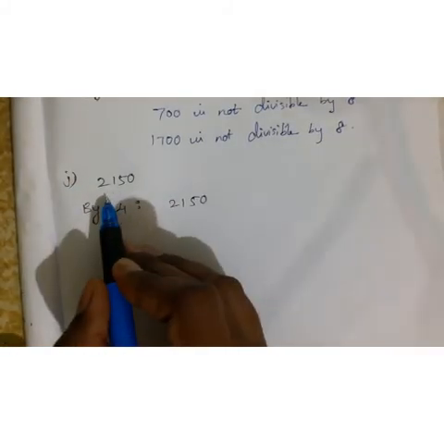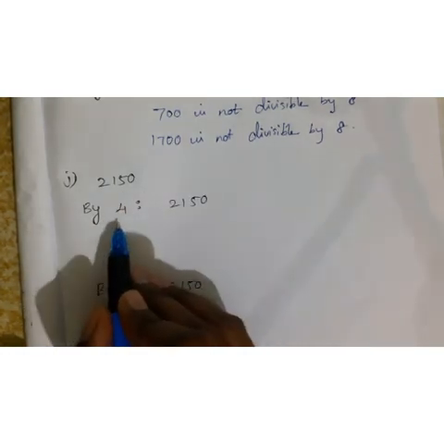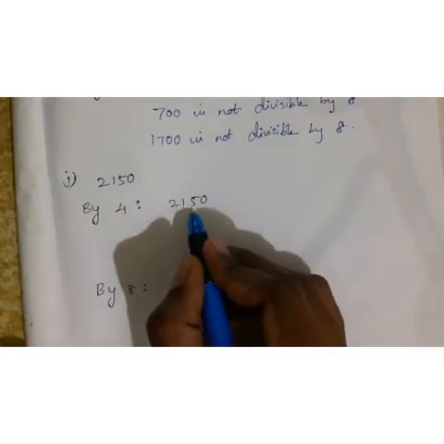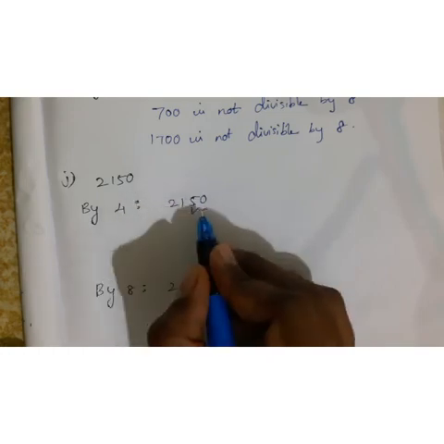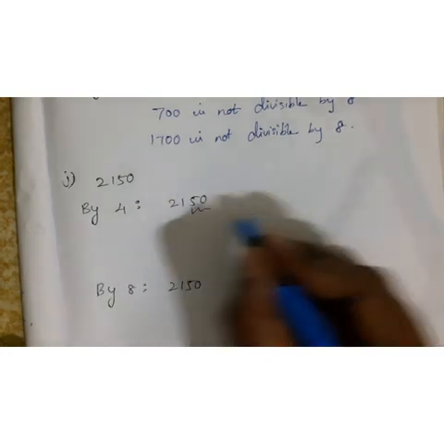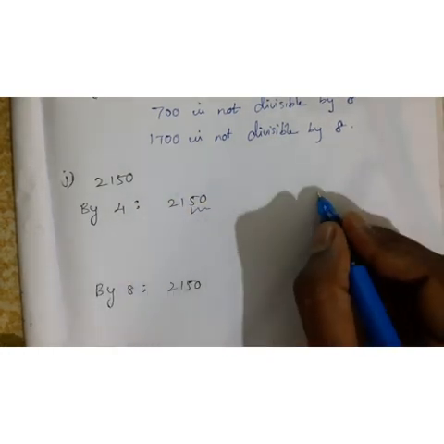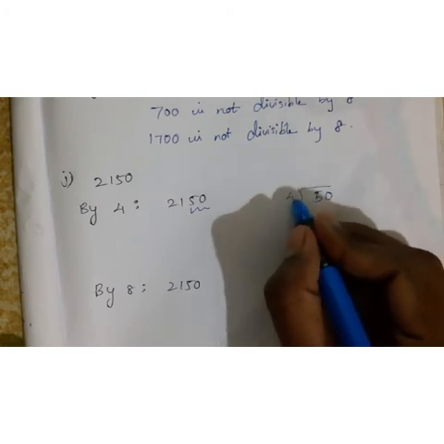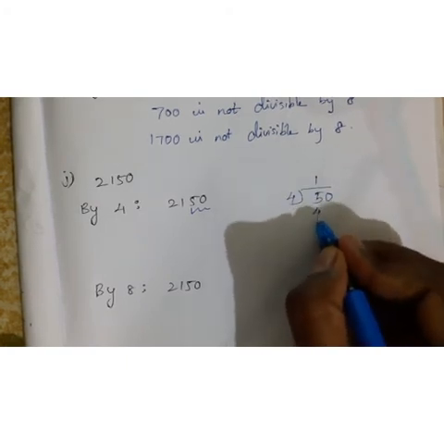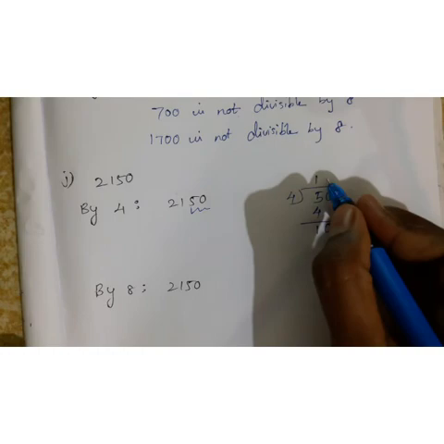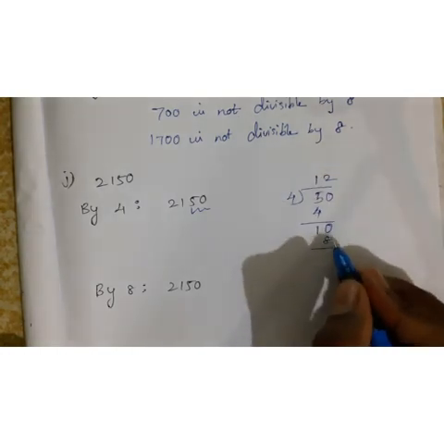J part, 2150. Divisibility test for 4. If the last two digits are divisible by 4, then the number is divisible by 4. So the last two digits are 50. 50 divided by 4. 4 times 1, 4. 5 minus 4, 1. Bring down 0, 10. 4 times 2, 8. 10 minus 8, 2.